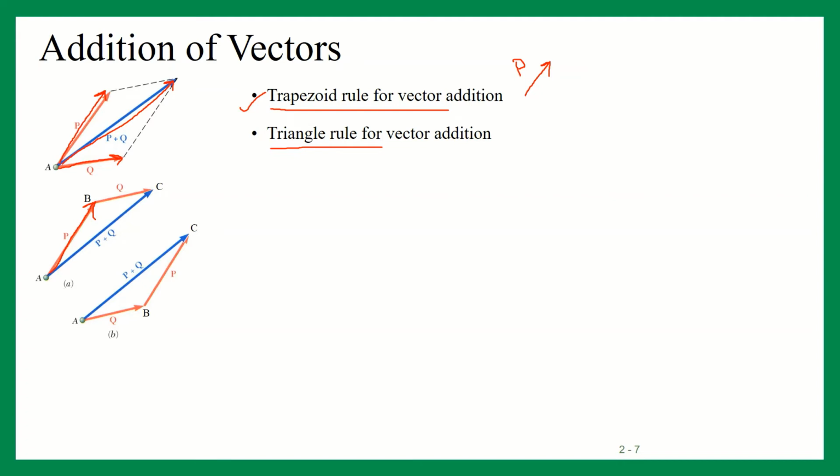The next vector you will draw from the tip of this. And suppose the vector is starting here and it is having this direction. So this is Q. Now the resultant will be this when you close this triangle, when you complete this triangle. So resultant will be this. Okay. And the direction will be opposite. Suppose you are moving this, and the direction of resultant will be from here.